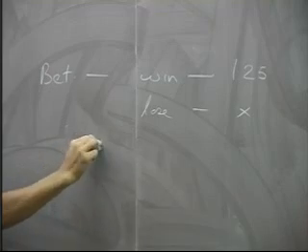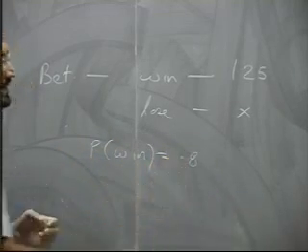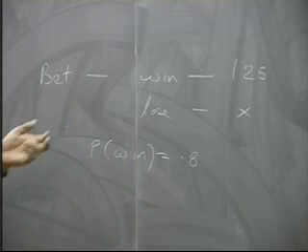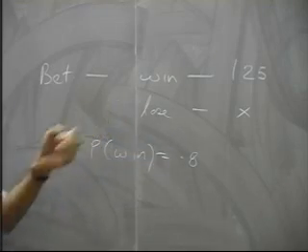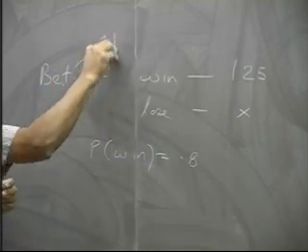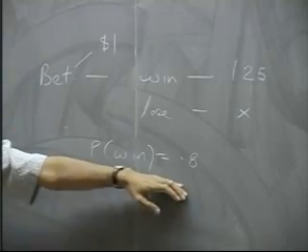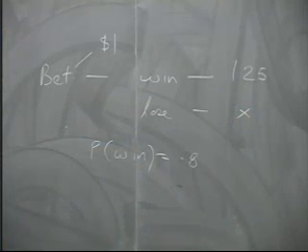And if your probability of win is 0.8, this will be the lowest bet that you'll accept, okay? So 0.8 times 1.25 turns out to be $1. So basically, you have to bet $1. If you bet $1 and your probability of win is 0.8 and you get a payoff of $1.25, then you're coming out even.